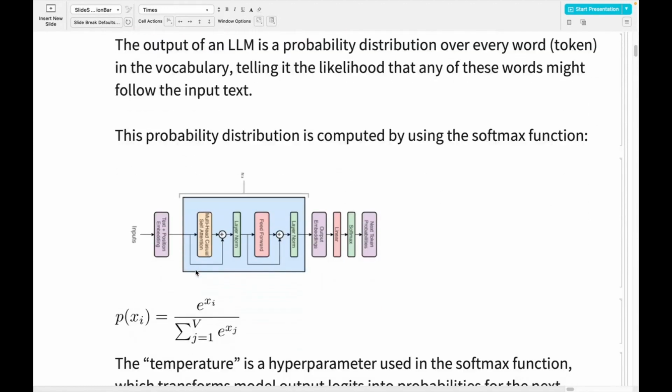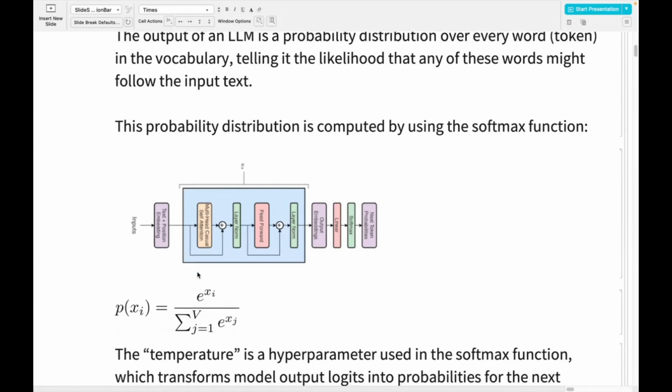So the concept of temperature is important to have clear. Sometimes we associate the LLM being more creative at higher temperature and less creative at lower temperature. But the hyperparameter comes from the softmax function.